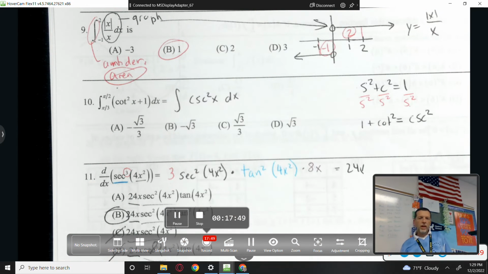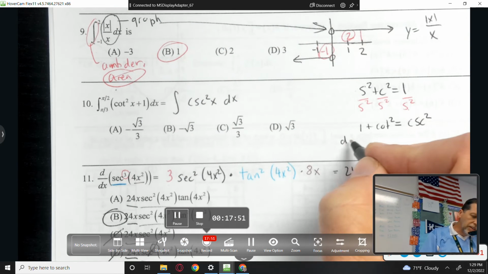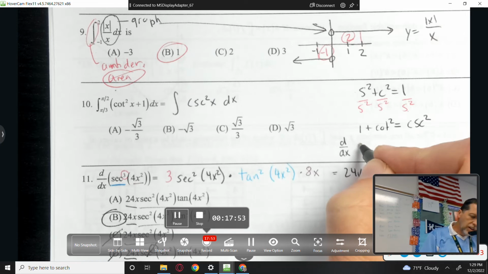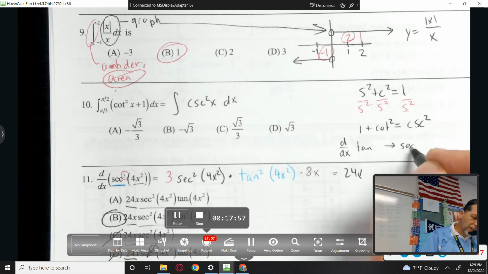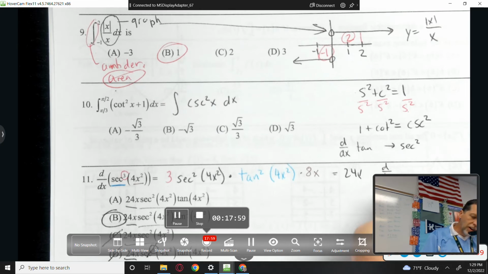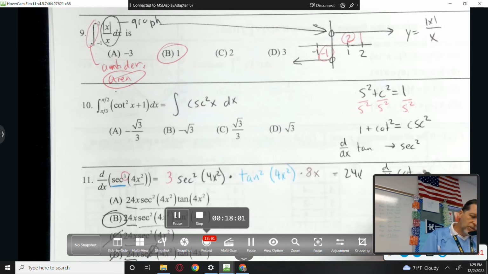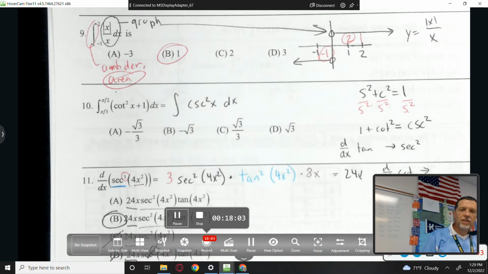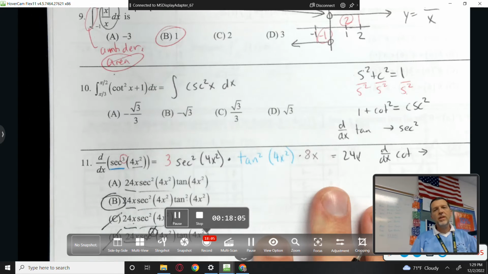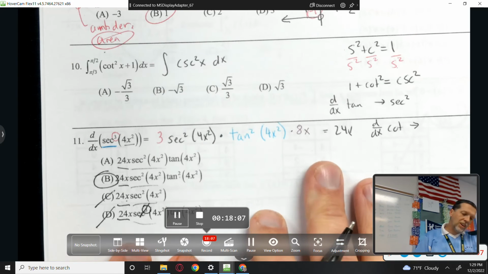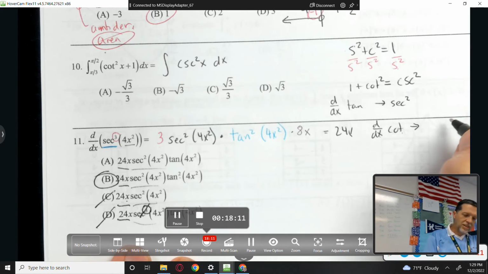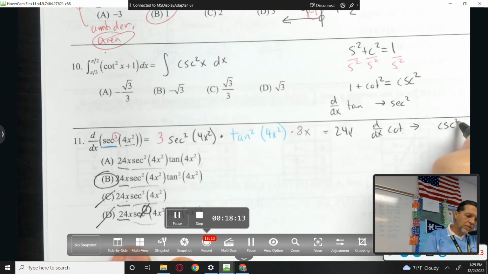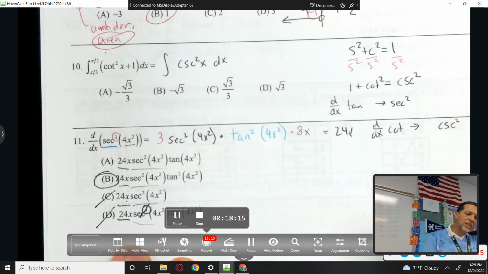And let's see, the derivative of cotangent? Yes, the derivative of tangent is secant squared, which means the derivative of cotangent is, oh, wait a minute. The derivative of tangent is secant squared. The derivative of cotangent is, yeah, partly negative. Okay.